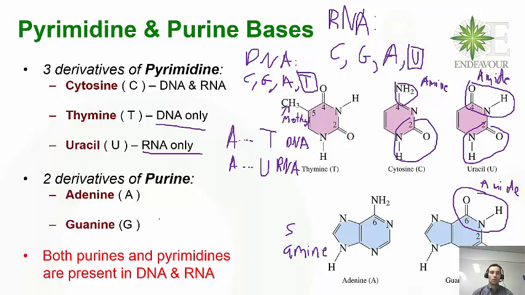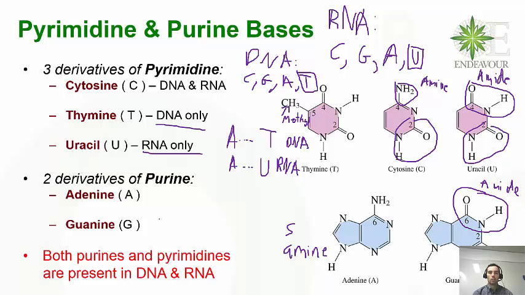Alright, so the important thing to remember about our nitrogen-containing bases is which ones are actually present in DNA and which ones are in RNA. So which are our 4 nitrogen-containing bases within our DNA? So it's cytosine, guanine, adenine, and thymine. What about RNA?